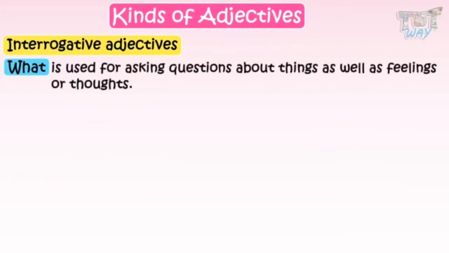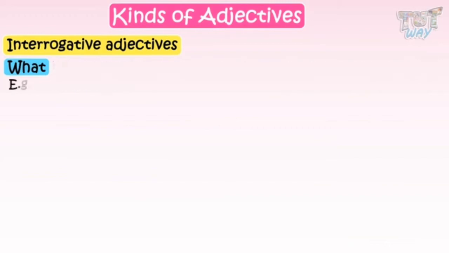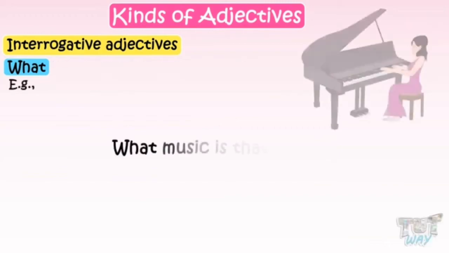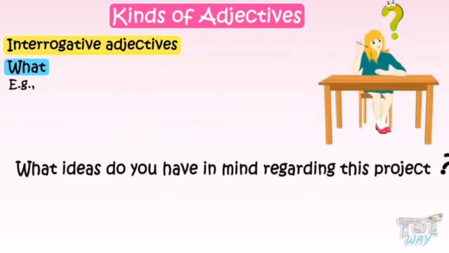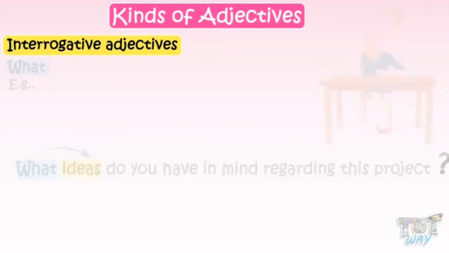But as for what, this one we use it for asking questions about things as well as feelings and thoughts. For example, what music is that? What, of course, is asking the question about what music. What ideas do you have in mind regarding this project? What, of course, is used to ask question about ideas, okay, or thoughts, as the case may be.